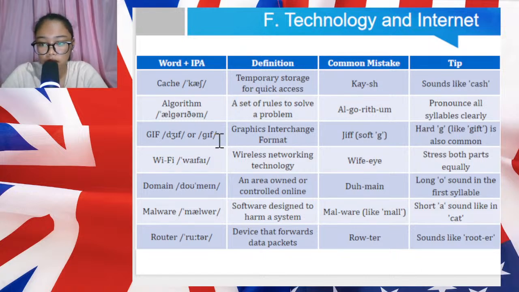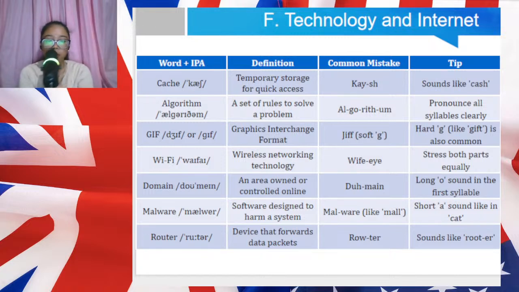Next, we have GIF. GIF is an acronym for graphics interchange format. It is a famously debated pronunciation. The common mistake listed is a soft G sound, like in giraffe. However, the tip correctly points out that a hard G, like in gift, is also very common and considered acceptable by many, including the creator of the GIF format.